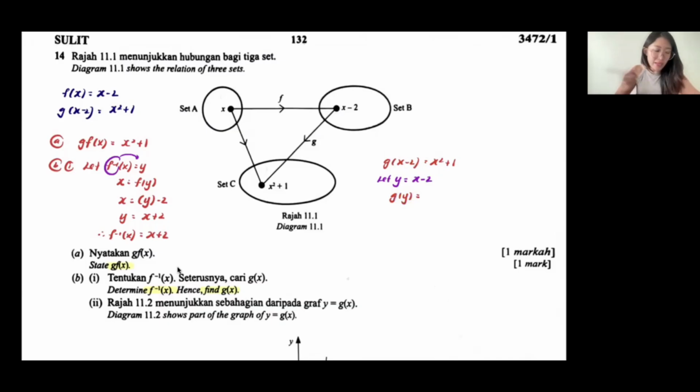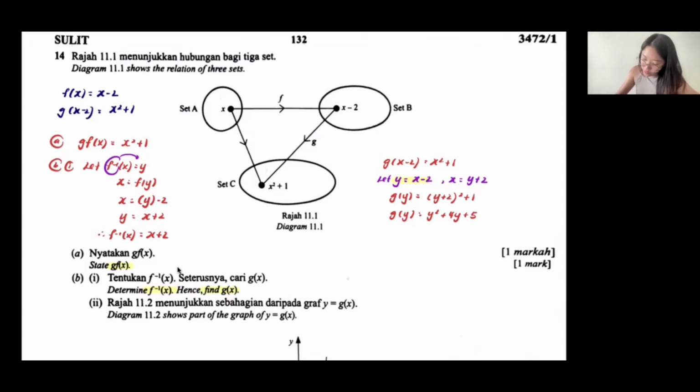So what will x change to? From this equation over here, take x out. Make it the subject, so y plus 2. So x at the back will become (y plus 2) squared plus 1. Expand if you want to. So that will be g(y) equals y squared plus 4y plus 5.